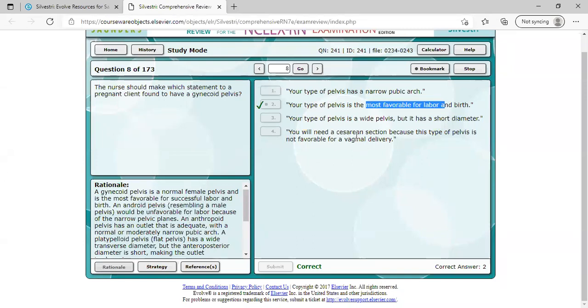So what we need to learn is the normal favorable type of pelvis. This is the gynecoid pelvis. Why is it most favorable? Because it is good for the delivery.